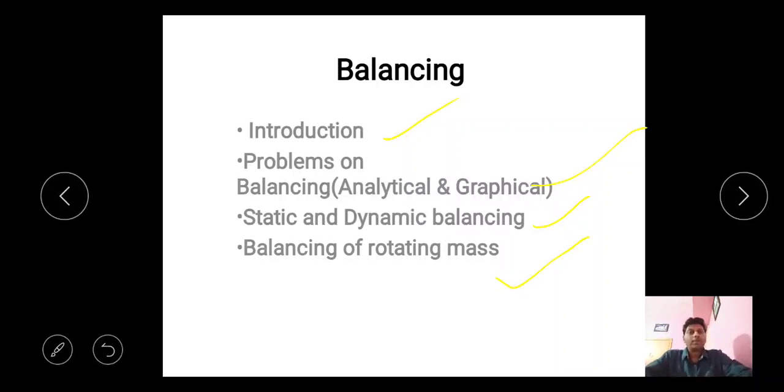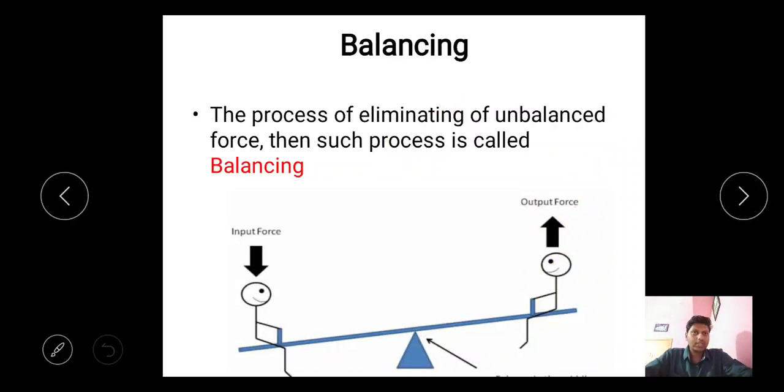So what do you mean by balance? Just to understand that, I have taken a small example. You might have seen this picture in any of the gardens. Suppose I consider this mass as m1 and this mass as m2.